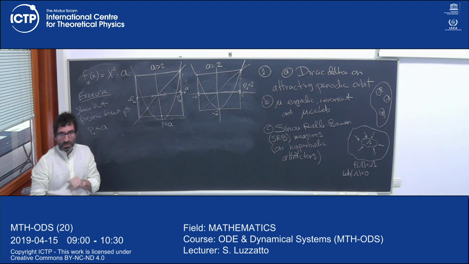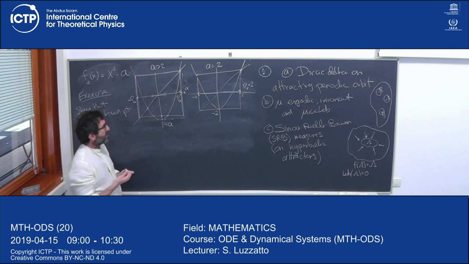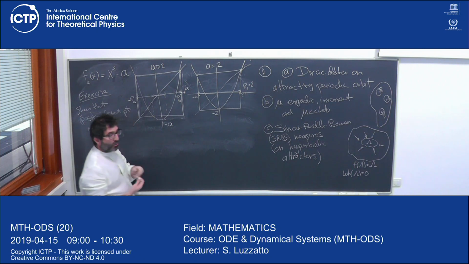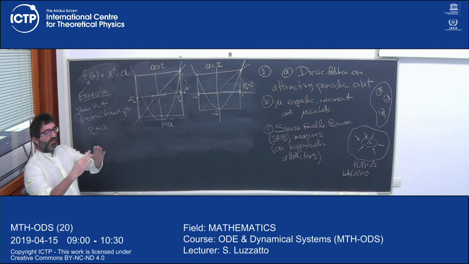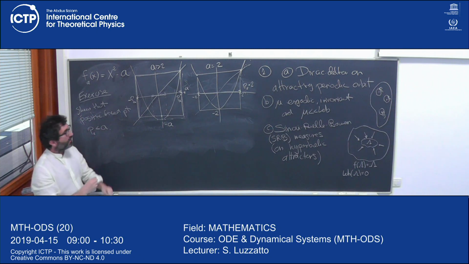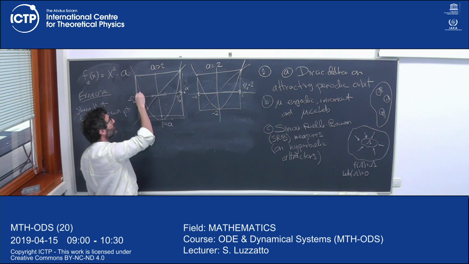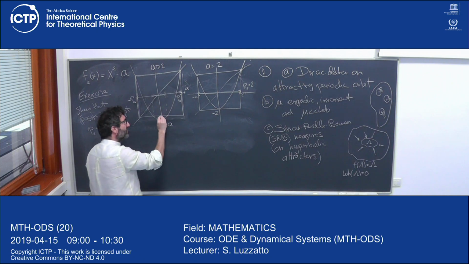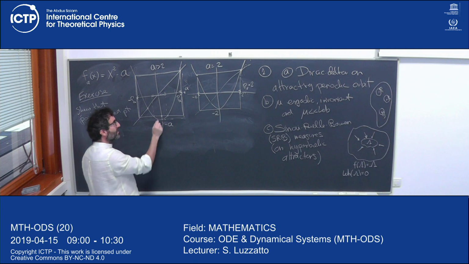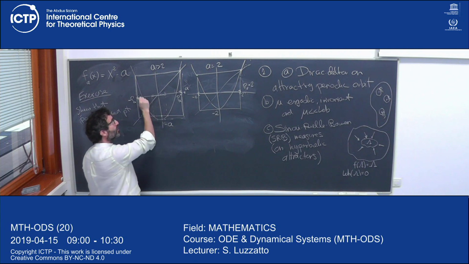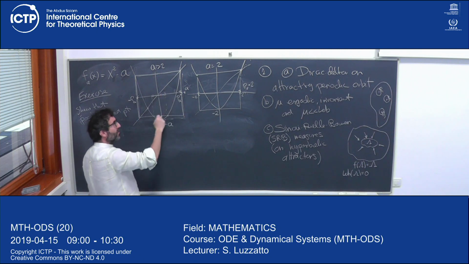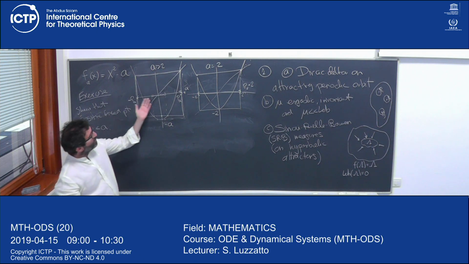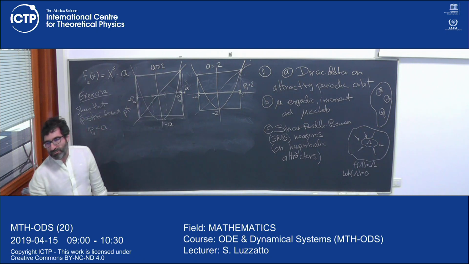There is an additional technical complication. We'll not do the calculation, but there's an additional technical calculation because we used the fact that the derivative is bigger than 1 everywhere. Here the derivative is bigger than 1, but here it's less than 1, and sometimes you may have just a very small tip. Nevertheless, even if the tip is tiny, you can show that almost every point eventually escapes, and what you're left with is just a Cantor set of measure 0.